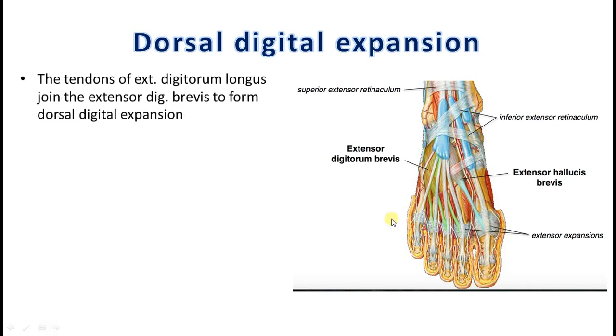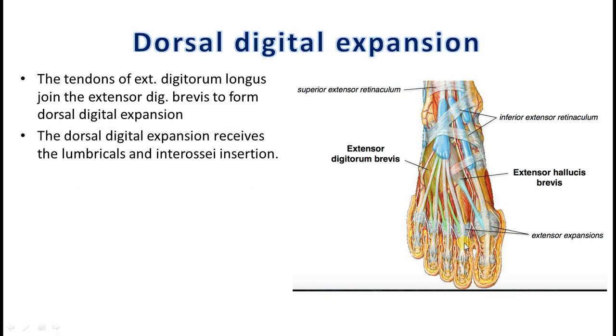Extensor digitorum longus is joined by the extensor digitorum brevis to form the extensor expansion at the level of metatarsophalangeal joints. It forms a hood-like structure and here it also receives the insertion of the lumbricals and the interossei muscle.